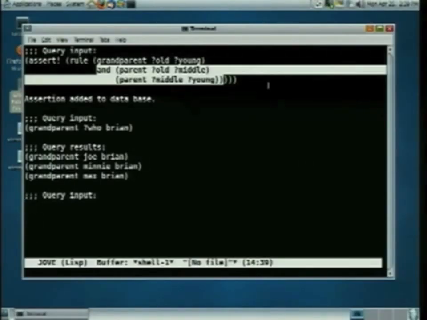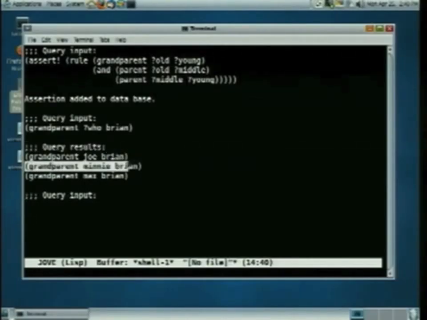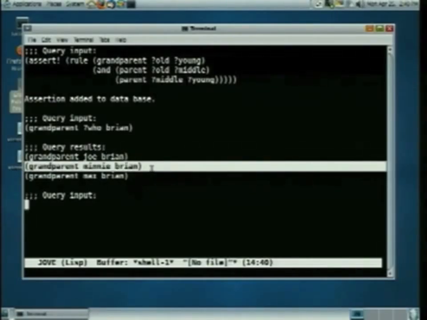But middle has to be Tessa. It's constrained, it's bound already. And young has to be Brian. So we're looking for an assertion, parent, Tessa, Brian. And we find one. Tessa is my mom. And as a result, this line is printed as a result of that set of circumstances.